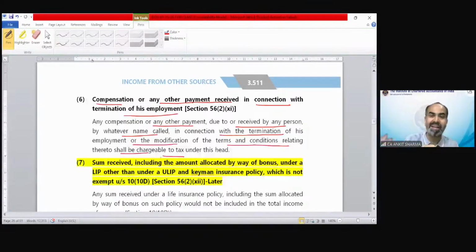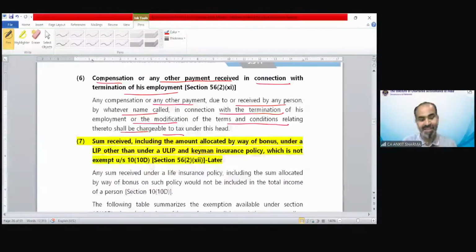Suppose somebody is getting gratuity, etc. That is not going to be taxed here, as the salary concept applies for that. If there is any compensation on which the PGBP or salary provisions do not apply, if that has been received, it is going to be taxed under income from other source.